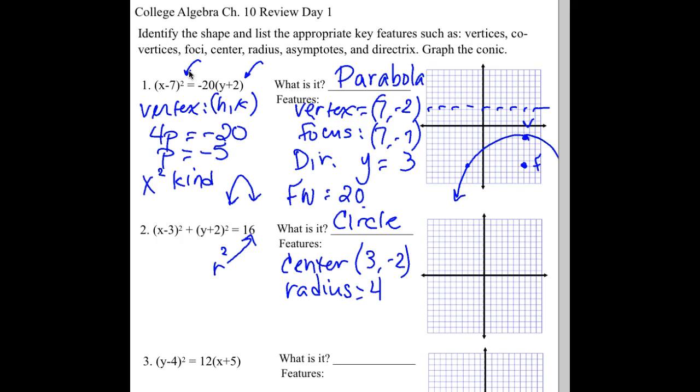All right, so going to our graph, we have a center at (3, negative 2), and we are going to go 4 spaces in all directions and then draw in our circle.